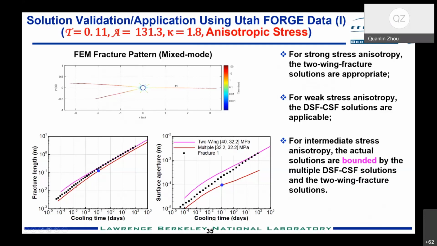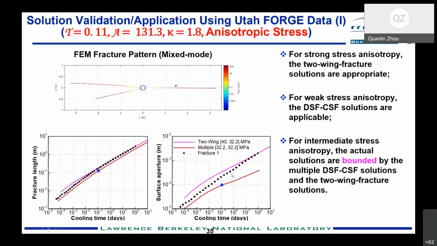Here we have the two-wing solution and the multiple fracture solution, and the dots are numeric solutions. You can see the transition: they are bounded by these two solutions, and at late time close to the two-wing solutions. And that is for the surface aperture.